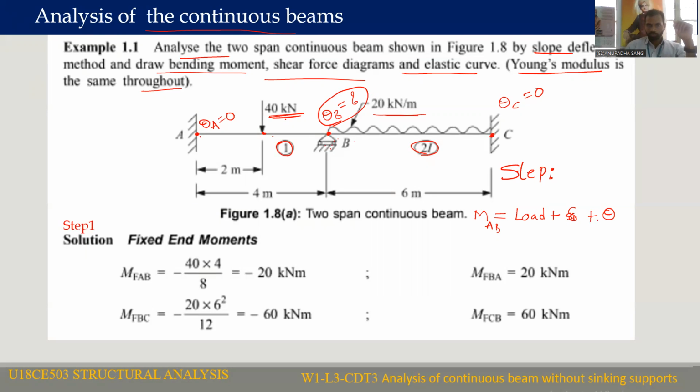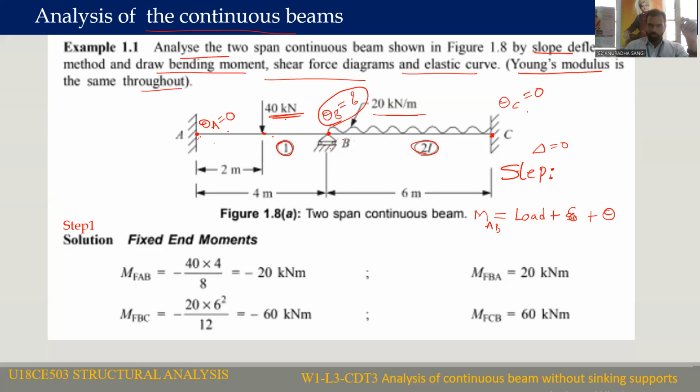First we have to calculate the displacement theta B. Here settlement of support is not there, only rotation is there, so delta will be equal to 0 for all the spans. Only theta B is unknown, theta A is 0, theta C is 0. Why? Because for the fixed support, theta and delta are 0.